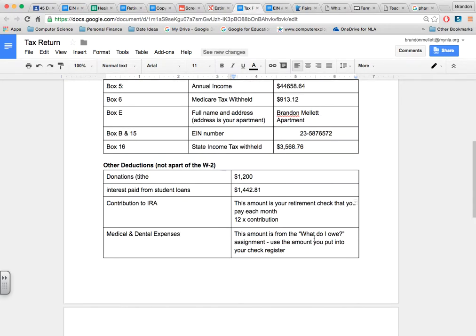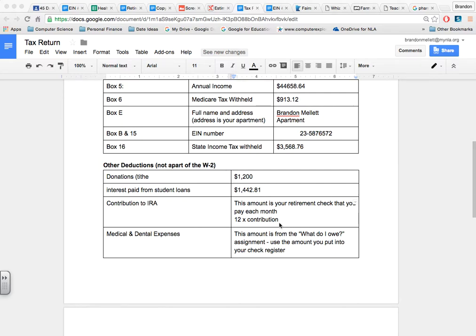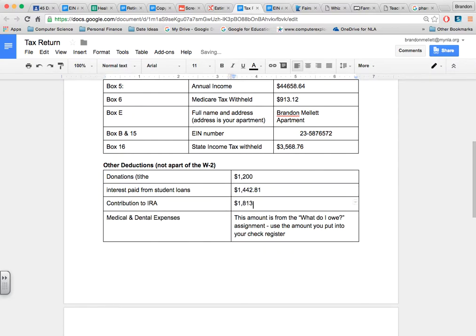When you multiply the $151.10 times 12, you get $1,813.12. So for contribution to IRA, that is the amount that you've been putting away for retirement for this year. Now, medical and dental expenses.